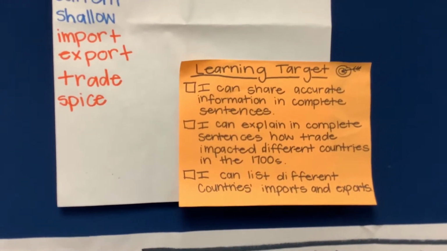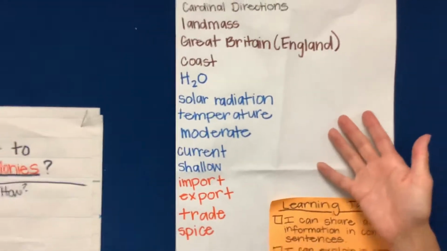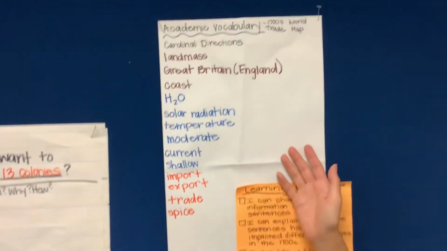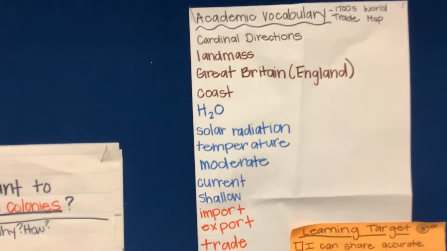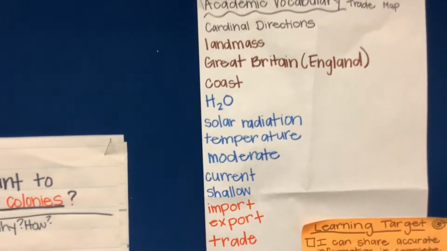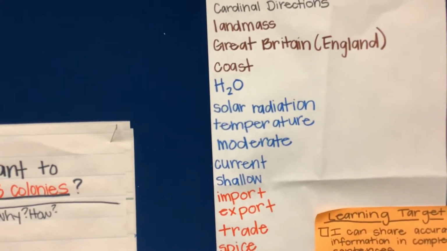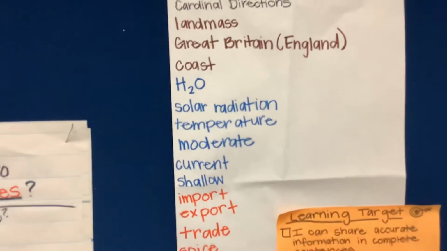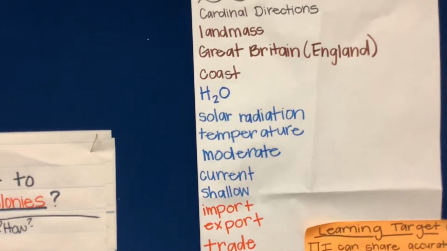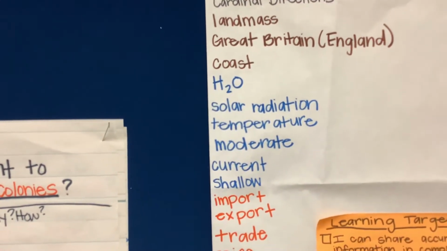Before we begin, we're going to go over our academic vocabulary. Repeat these after me. Cardinal directions. Landmass. Great Britain, England. Coast. H2O.